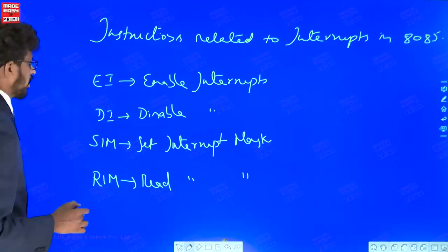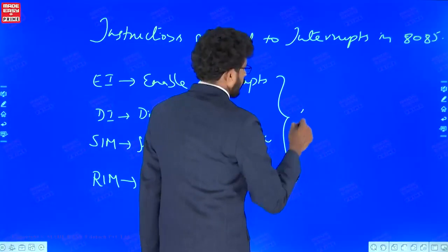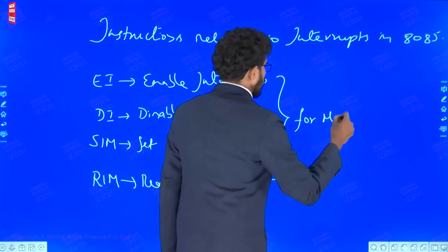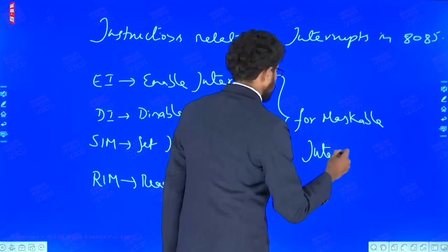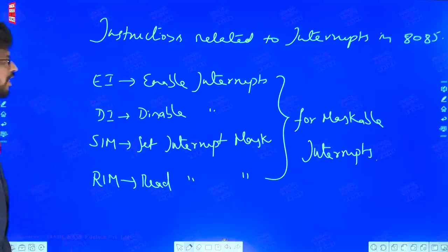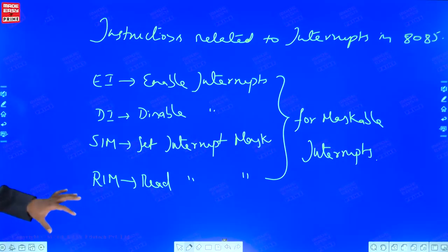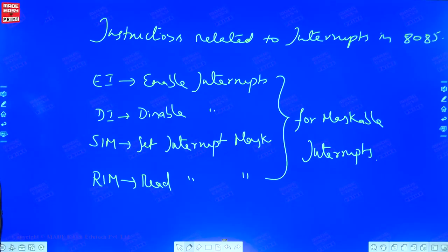So don't forget that all of these instructions are only for maskable interrupts. It's not for trap. Trap is non-maskable with respect to 8085. That is how the operations can be done in the interrupts. Fine. This is about the interrupt mechanism in 8085.